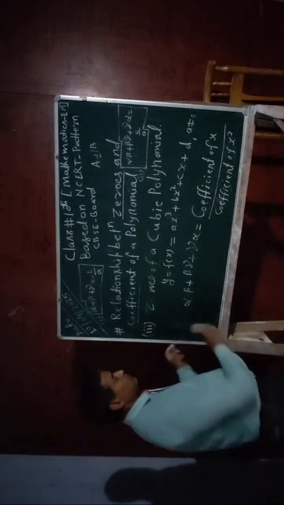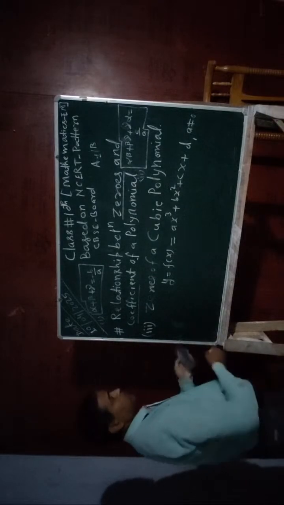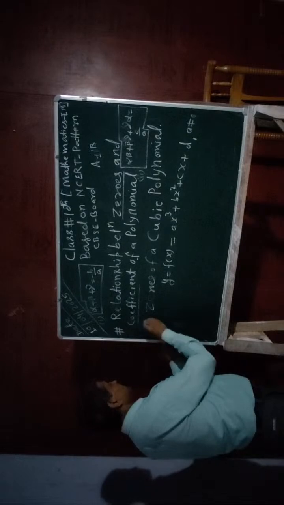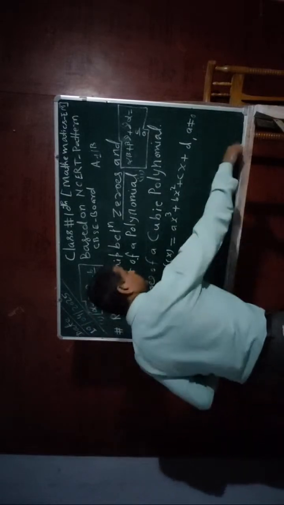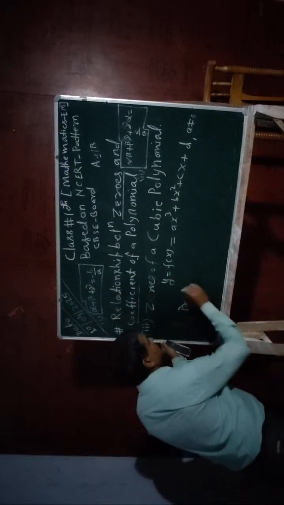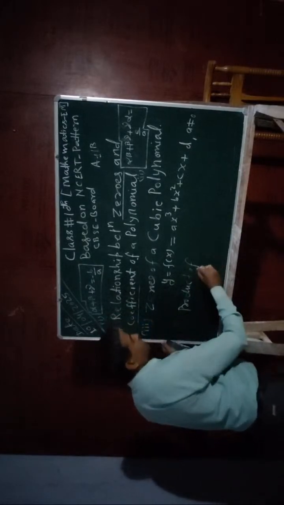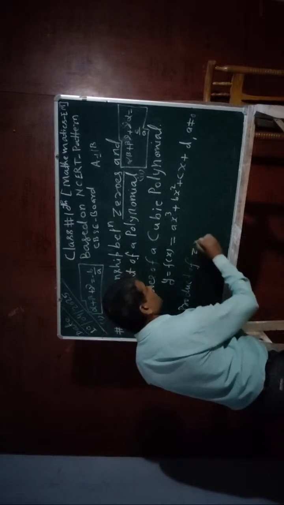So I am going to erase this one, and after erasing it, I will write the next concept, that is the product of all roots, the product of all zeros.